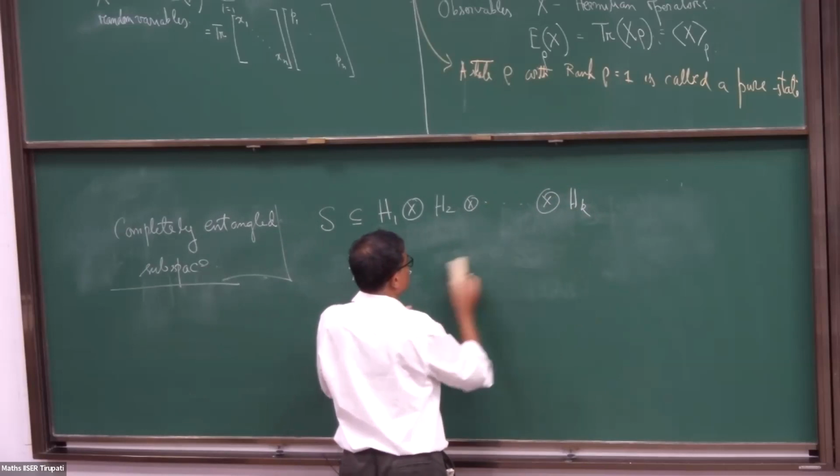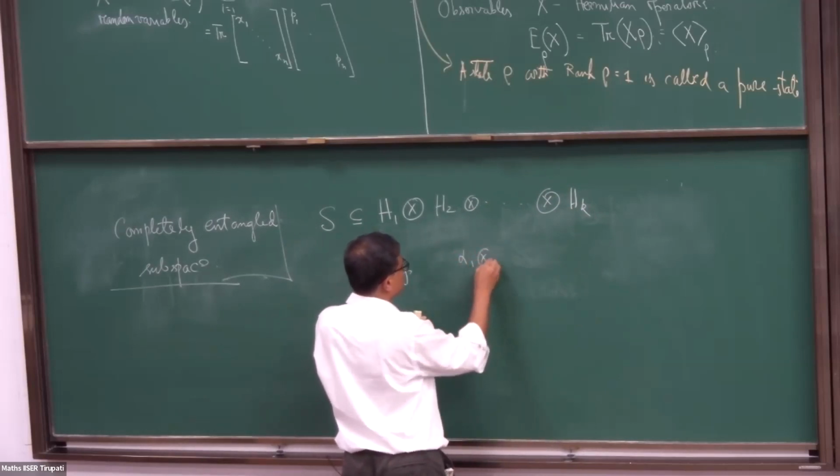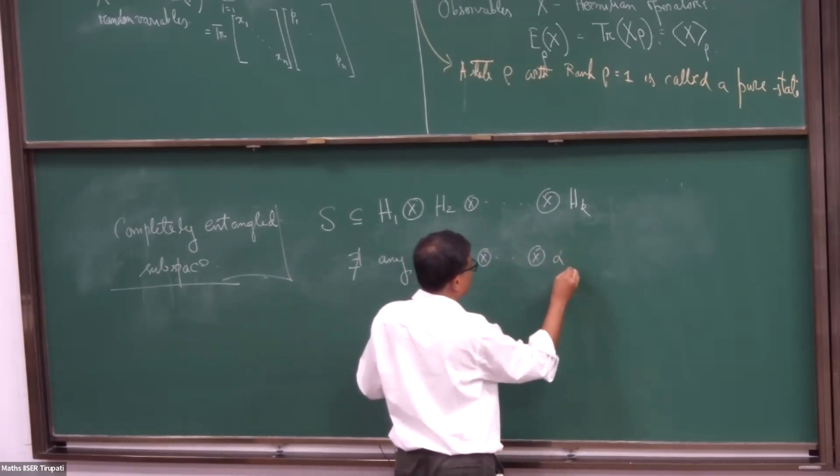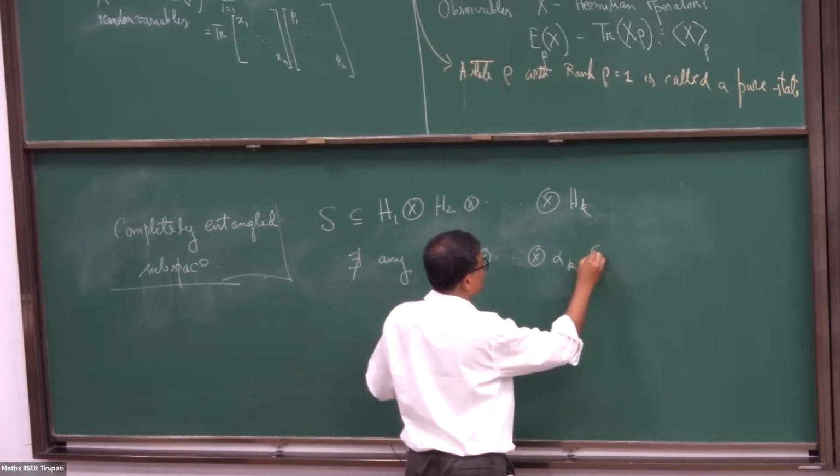In that case, I would write it as alpha 1 tensor etcetera up to alpha k belongs to S.